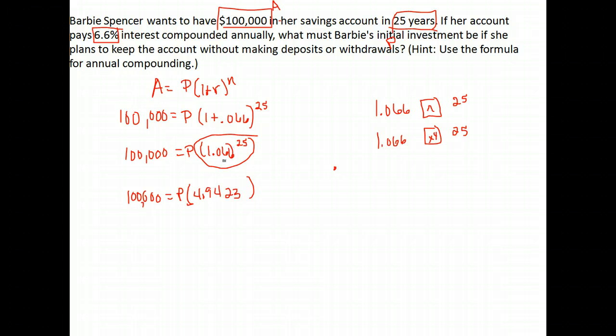Now we want to solve for P, so finally the last thing we do is divide both sides by 4.9423 to find our missing value. Again, we're just using our algebra skills so that it'll all work out.